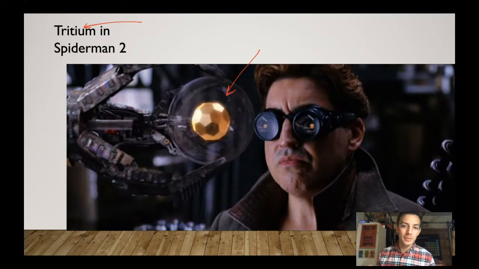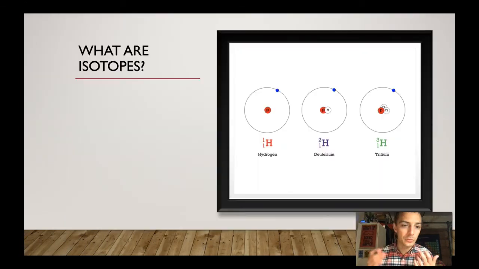It's worth many billions of dollars or something. But really what is tritium? It's a version of hydrogen that weighs more than regular hydrogen, or the hydrogen we're used to. And we give it a special name. We call it tritium. So let's get into the idea of what isotopes are.